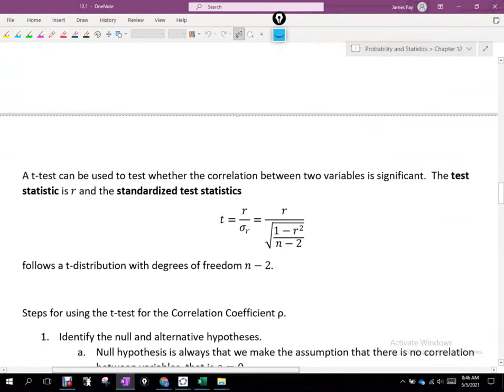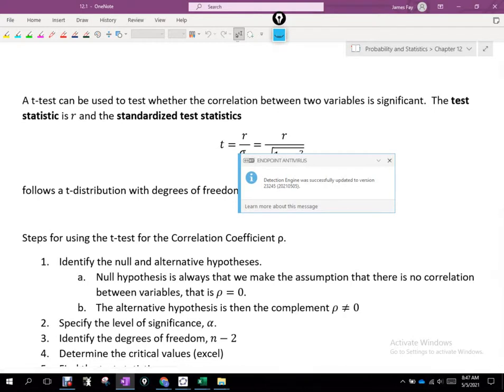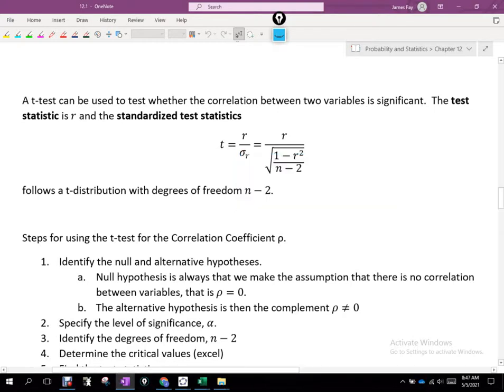All right, so a t-test can be used to test whether the correlation between two variables is significant. The test statistic is r, our correlation coefficient, and the standardized test statistic is found by taking r divided by the standard error of r.